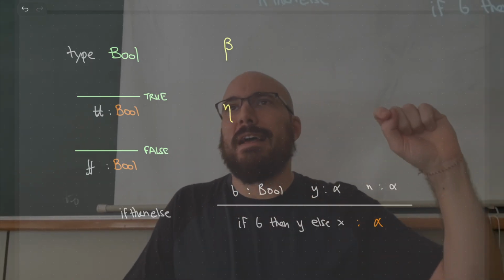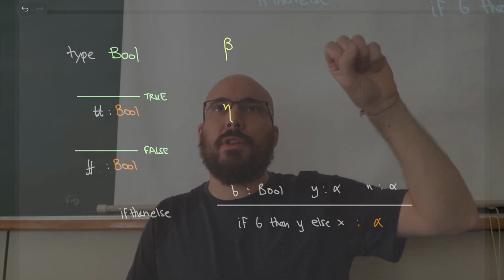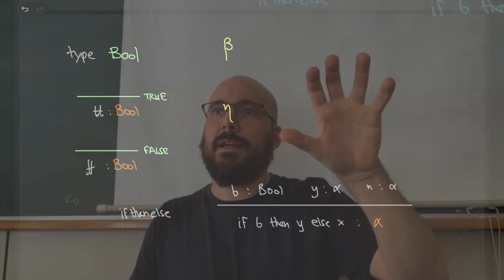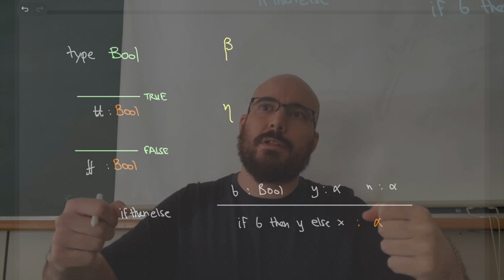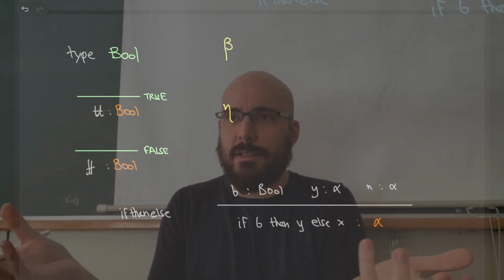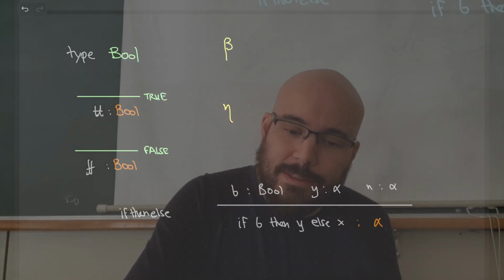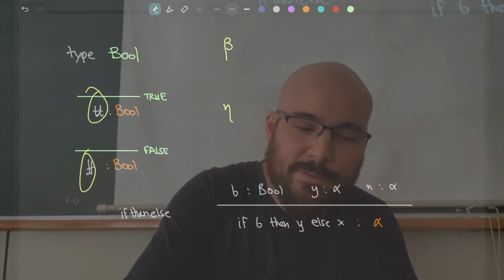Good question. For this moment, the idea is something I haven't mentioned. Maybe I should have mentioned it. I consider that constructors create necessarily distinct things. Right now, I know that true, this TT, and this FF are different things.